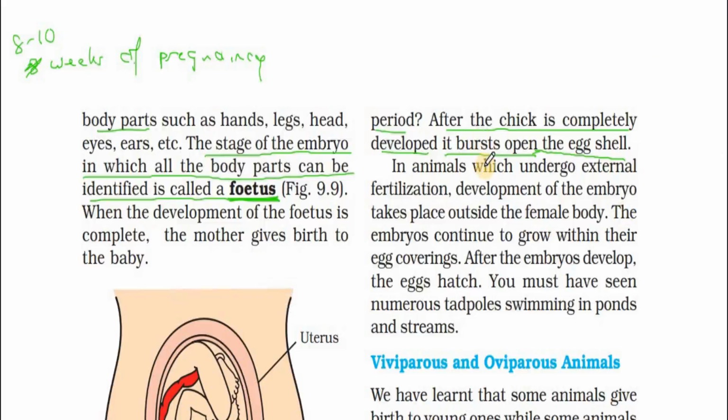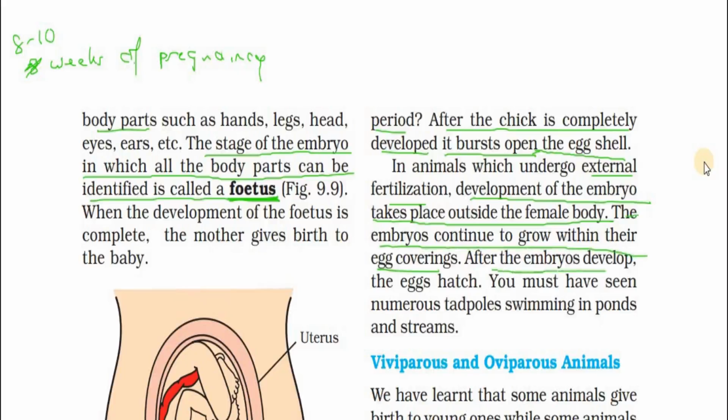Okay. Now in animals which undergo external fertilization, development of the embryo takes place outside the female body, right? See, external fertilization, what happens? Development of the embryo takes place outside the female body. The embryos grow within their egg coverings.